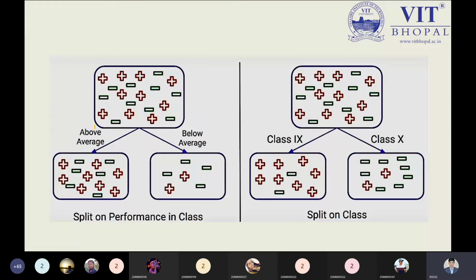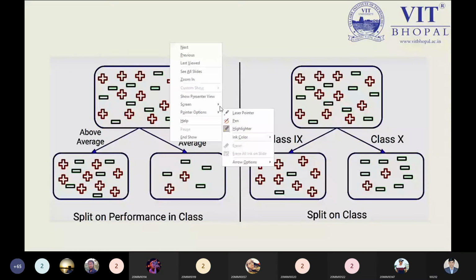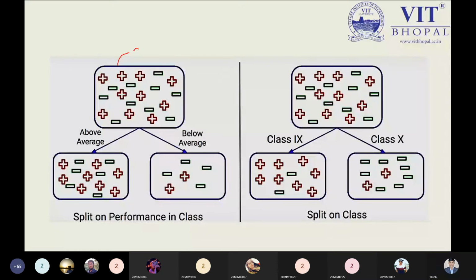So now let us use this. We have two parts. First, we have this data set. I can write it here for betterment. This is our data set. Based on the above average, I am having this data.